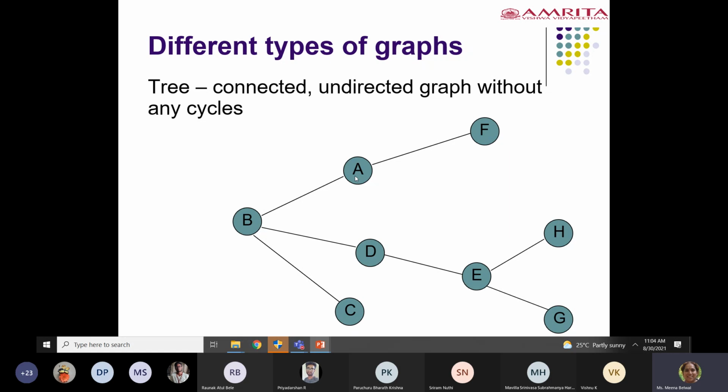I can make A also a root, F also a root, E also I can make a root, and then I can draw my tree, right? I can make D the root and then make all this go left, right, like that. So another important part is, whenever a tree is defined, a tree must have a root. There has to be a single root in the tree. So that is missing in this definition. That should also be there. So that is important, right?